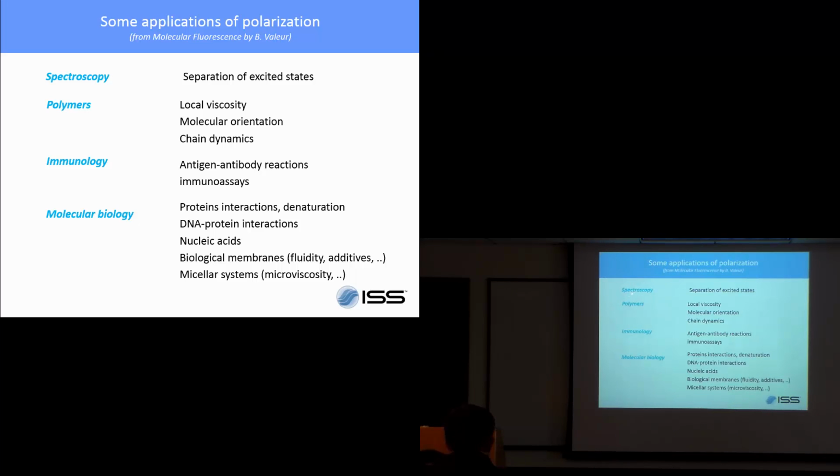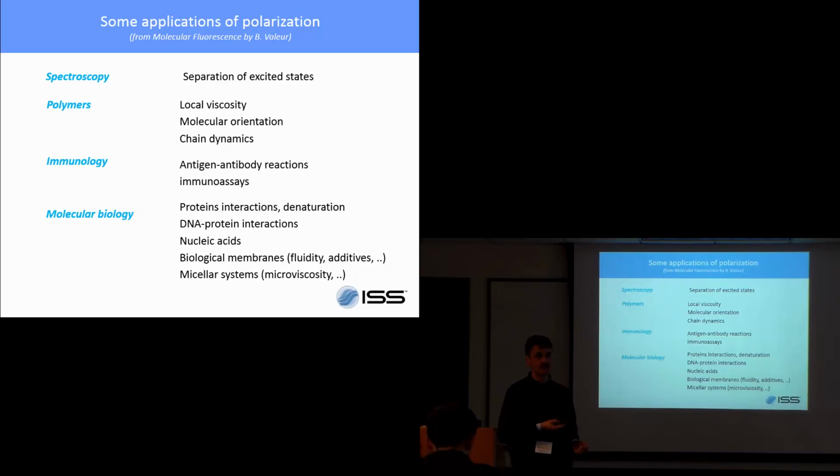This is important because it has some practical applications. In spectroscopy, one can separate excited states, and one can use the polarization to measure the viscosity, orientation, dynamics. This is some of the application, antigen, antibody, and these are some of the applications in molecular biology. And in fact, for instance, this one, immunology, I have to stress, this is very important.